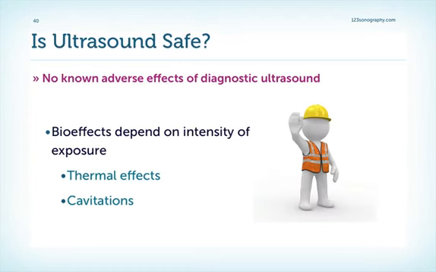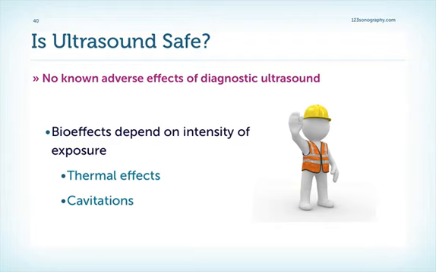And why are these factors of concern in the first place? Well, simply because ultrasound should be safe. And we know that ultrasound causes bioeffects, and that these bioeffects depend on the intensity of exposure. We can note thermal effects and also cavitations, little gas explosions which occur within the blood.